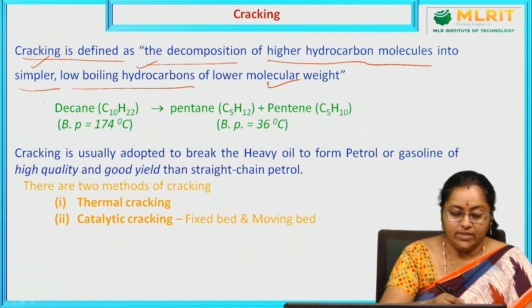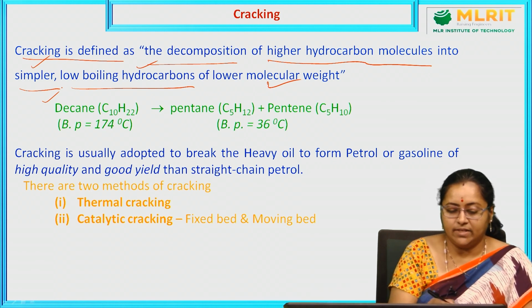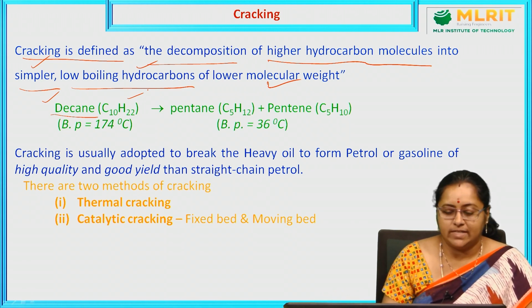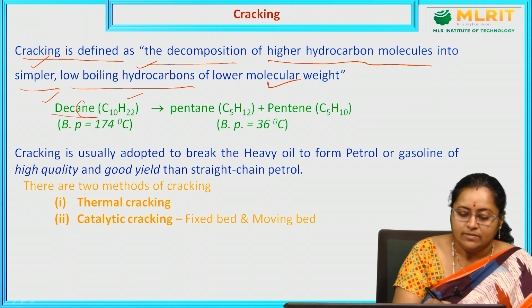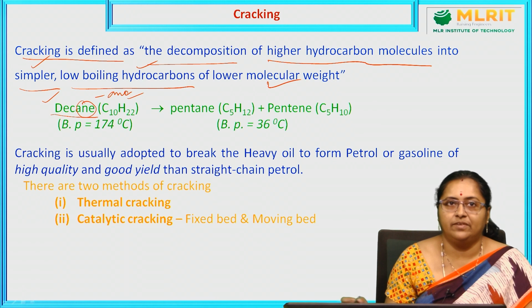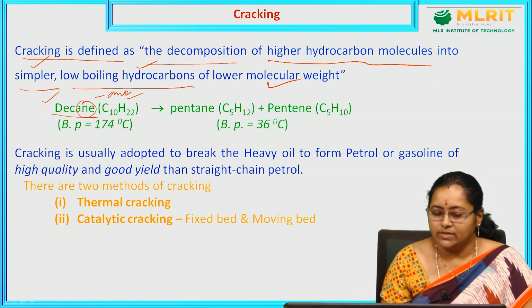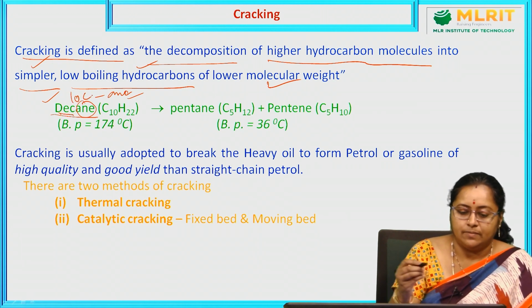If you notice the following example, I have considered decane, and its molecular formula is C10H22. Decane: "ane" represents that it is an example of an alkane. Alkane means it has all single bonds. "Dec" means the presence of 10 carbons.